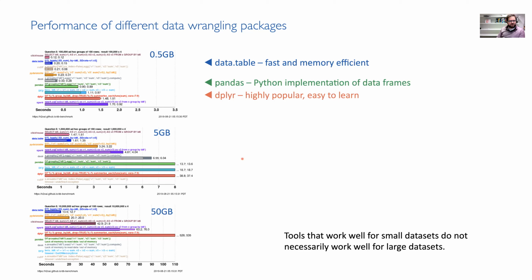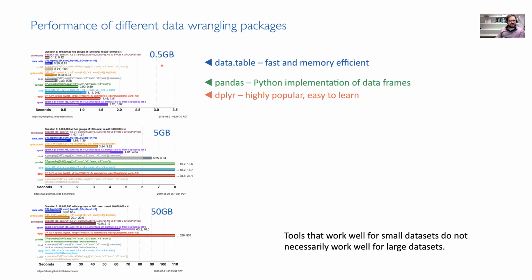So we need the right methods. And how important it is to pick the right methods is shown here on the left-hand side. You can see these bars, and these bars are time measurements of how long it takes to perform certain operations on data sets of certain size.